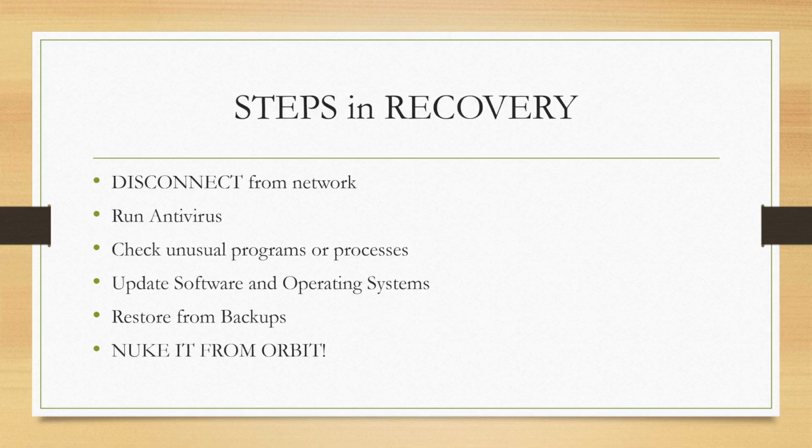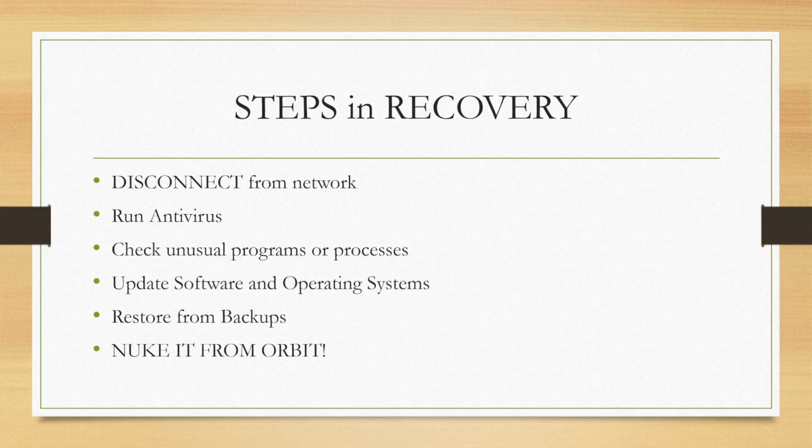Now, how do we protect this? Well, we need to disconnect it from the network. Let's stop the bleed. Let's run our antiviruses and our protection software. We need to quickly scan it for malware and ensure that we remove it quickly. We need to check whether there are any unusual programs or processes running, and how do we end them? We need to make sure that our software is up to date.